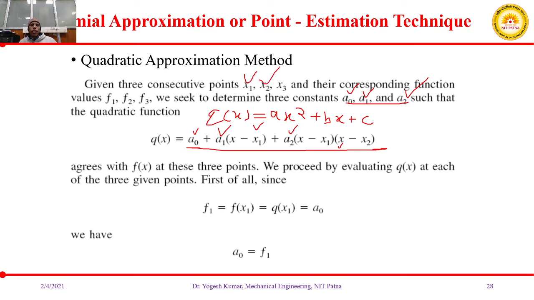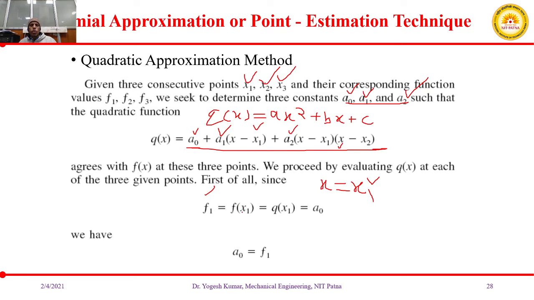These 3 points x1, x2 and x3 are selected in such a way that, for x equal to x1, you will get f1.